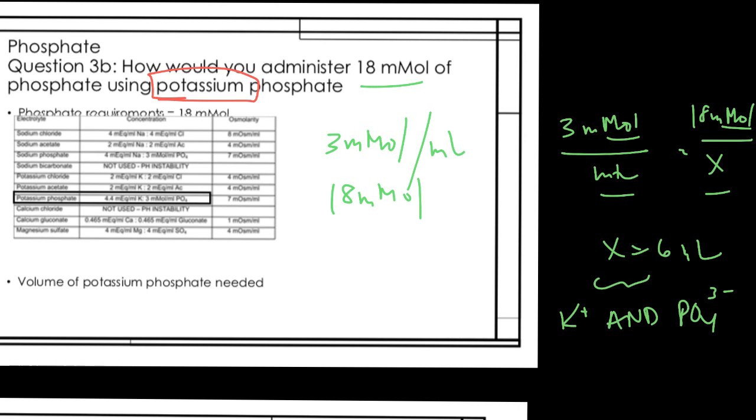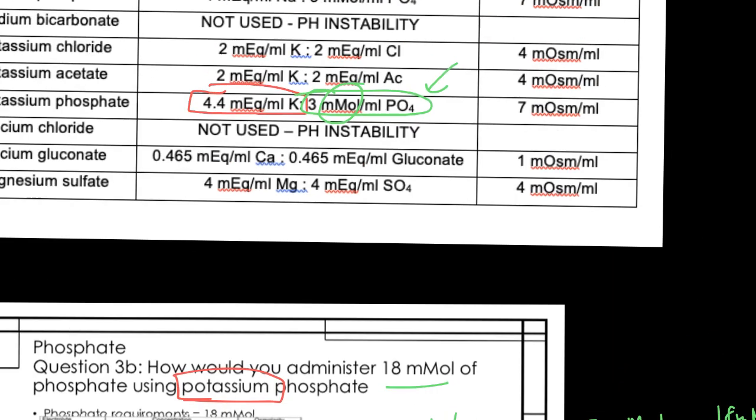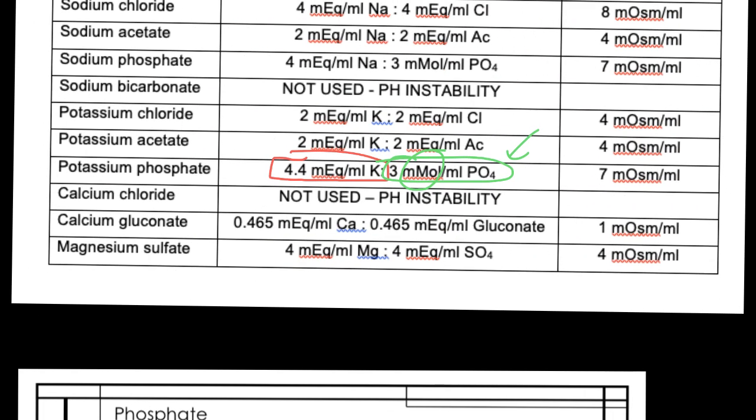So we know the phosphate is 18 millimoles per 6 milliliters, but in 6 milliliters, how much potassium is that? Well, as we saw earlier, it's 4.4 milliequivalents per milliliter of potassium.